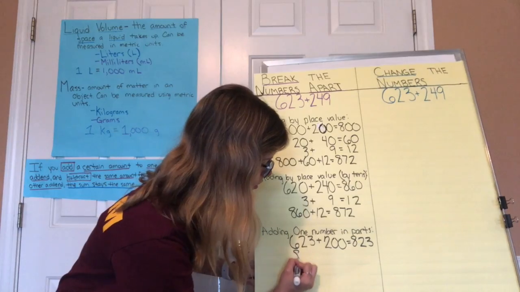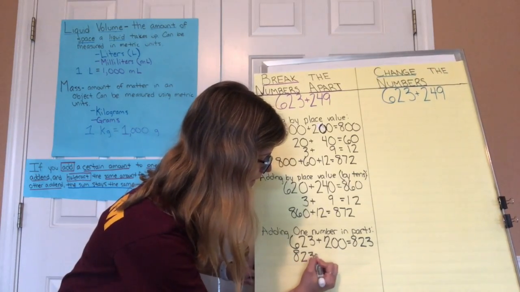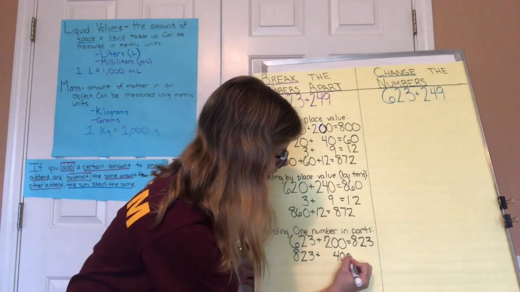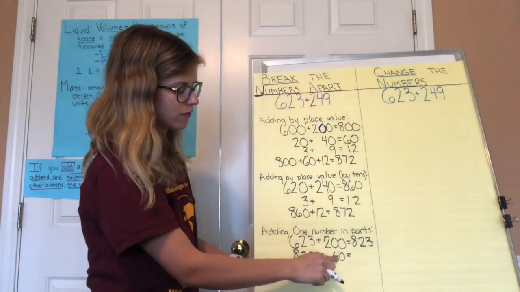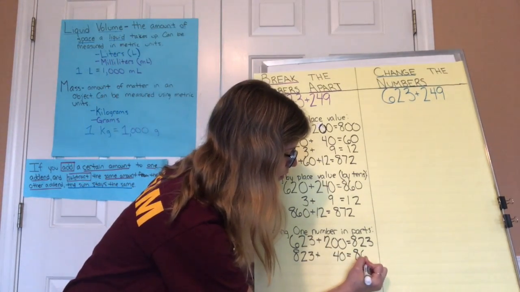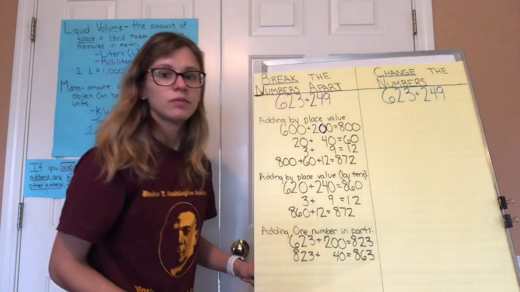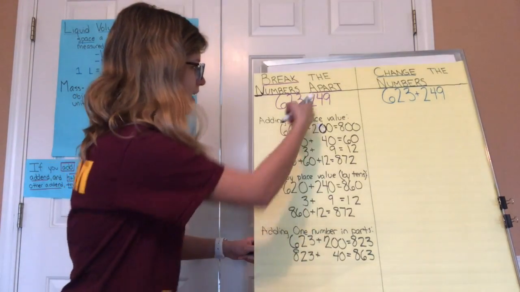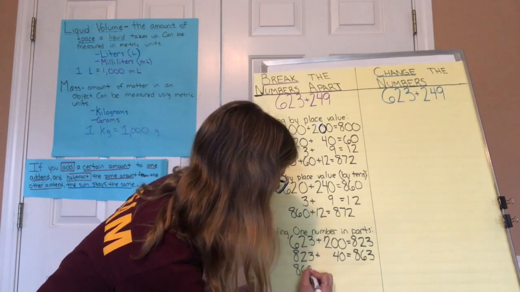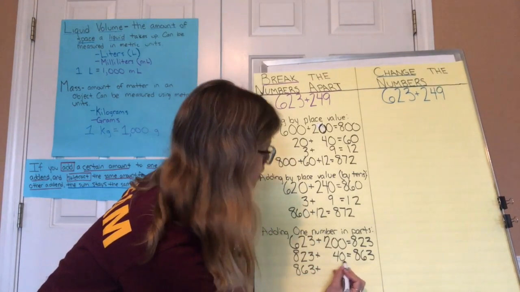So I have 823. And now I need to add my tens. And 823 plus 40 would be 863. And then I still need to add my ones place, which would be 863 plus 9.